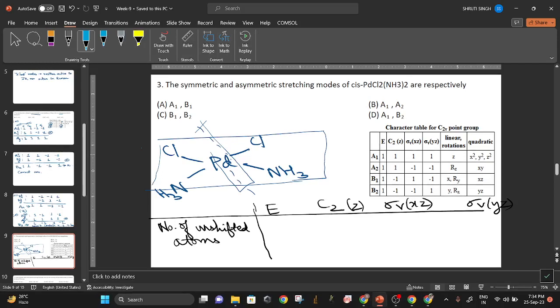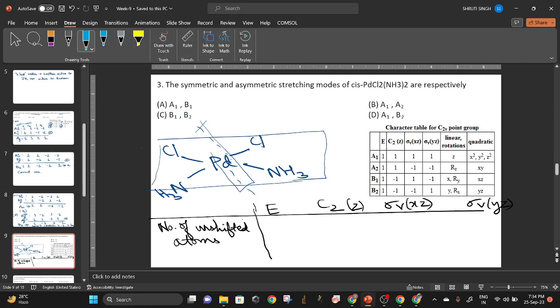Then we subtract the translational and rotational contributions, and we get the vibration, which contains all the normal modes. In this question additionally we have to find which mode is symmetric and which is antisymmetric or asymmetric stretching. That is the whole question.